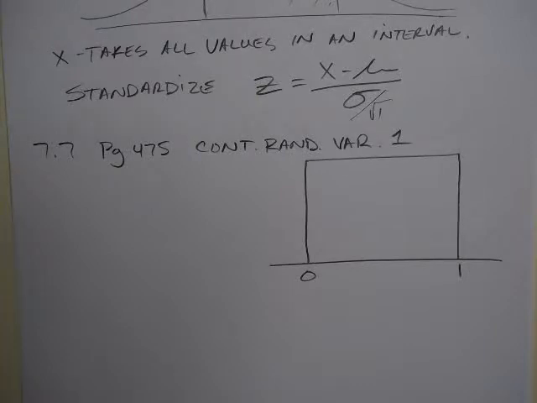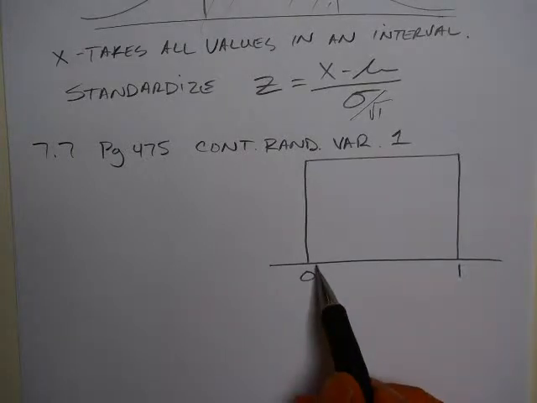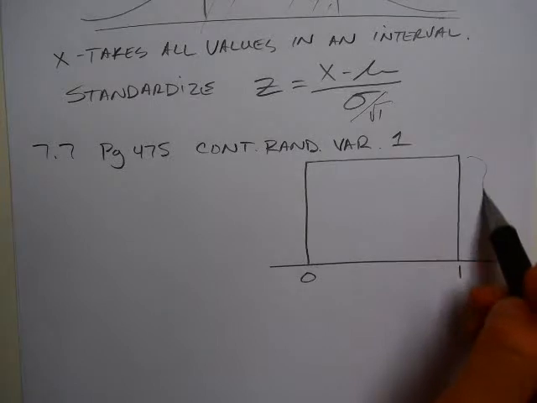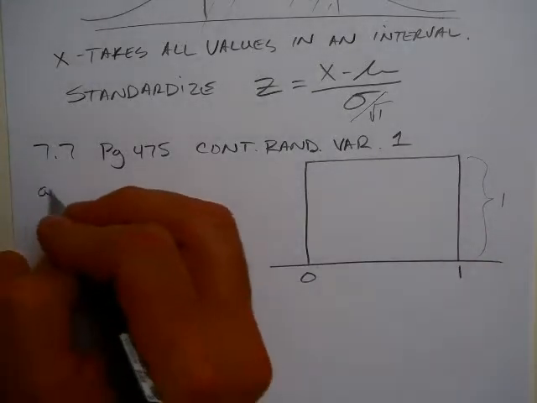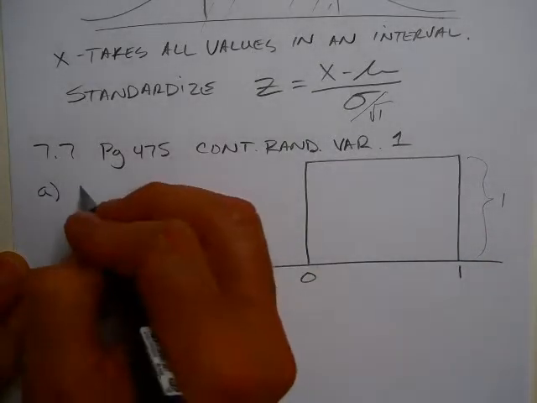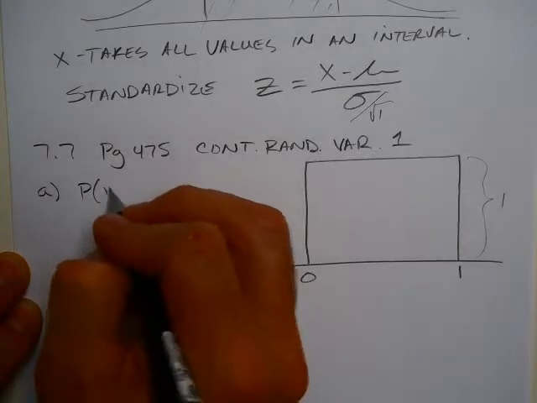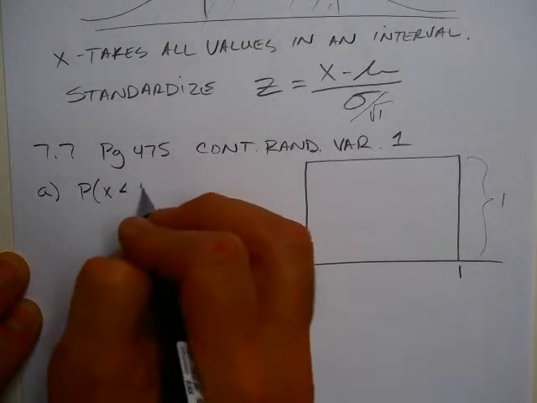What's the amount of area under any probability curve? 1, right. So if this has a width of 1, what's the height? It's also 1, right? So let's see if we can use this block to answer some questions. A asks us, what's the probability that x is less than 0.49?